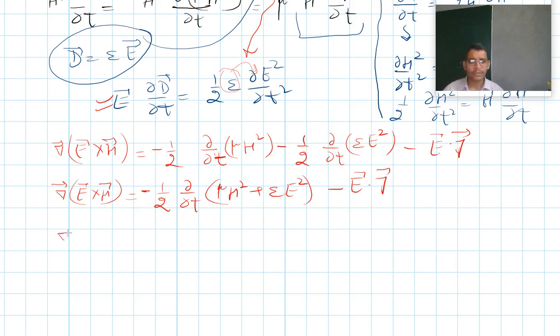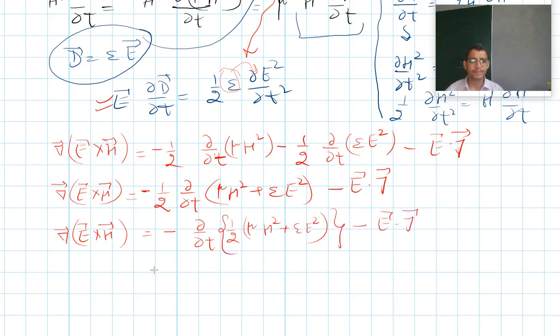You can write it down as E cross H is equal to minus curly over curly t of 1 by 2 mu H square plus epsilon E square, minus E dot J.